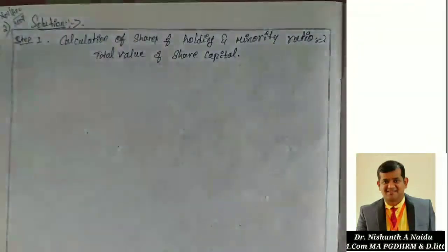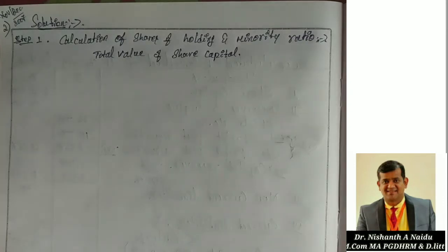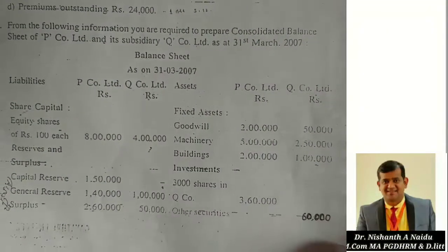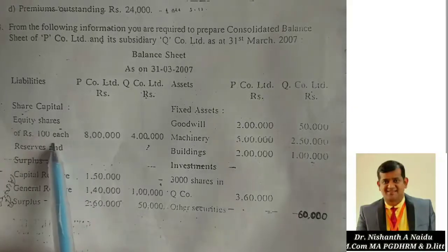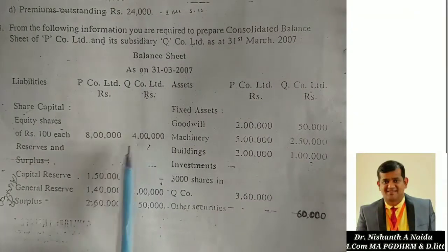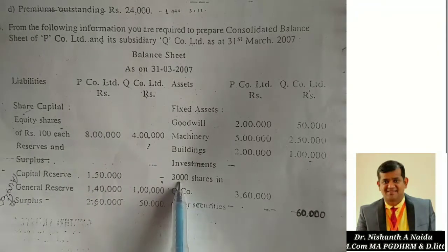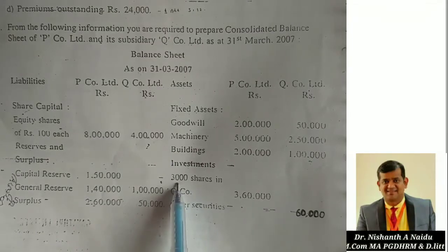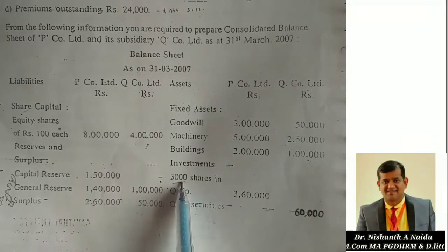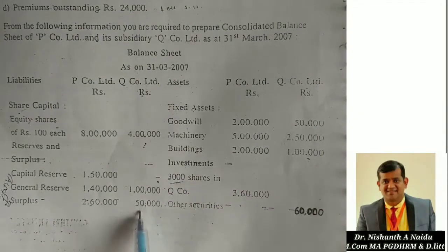Here you have to observe one more thing: the shares held in the subsidiary company. Share capital is 4 lakh divided by the face value of 100, which is 4,000. The number of shares held by the holding company in the subsidiary is 3,000. So 4,000 minus 3,000 is 1,000, which is minority.